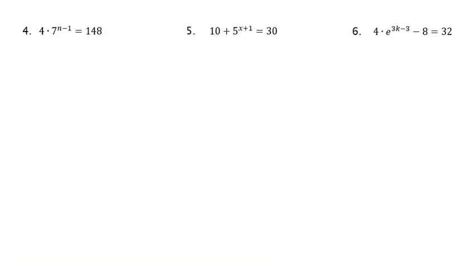These last three problems are the same thing, but again, multiple steps, but the same process. So I'm going to isolate my base first. I'm going to divide by 4. So I have 7 to the n minus 1, and then on the other side I'll have 37. I'm going to do the log of base 7 to both sides.